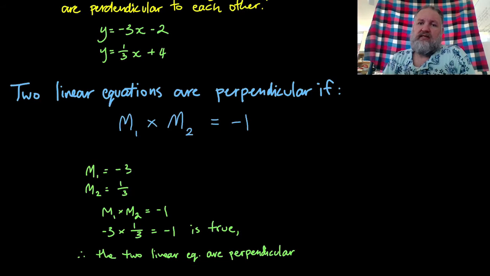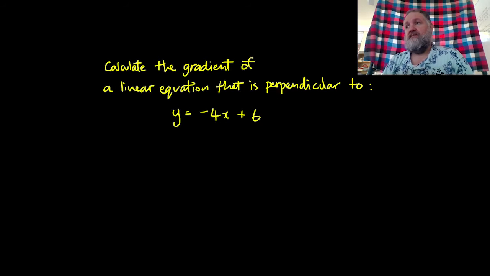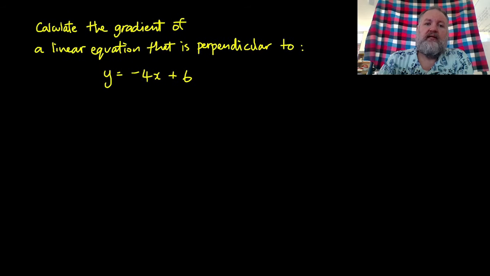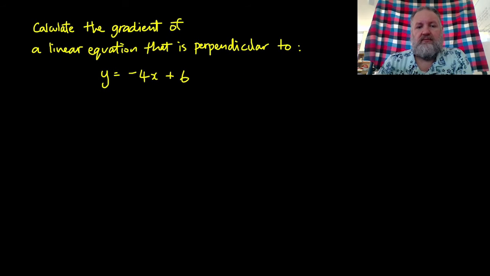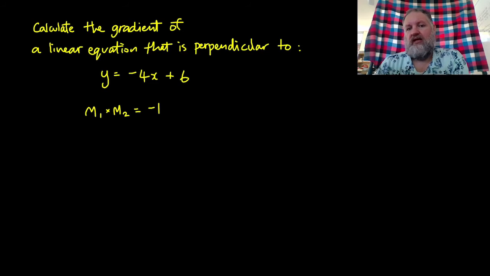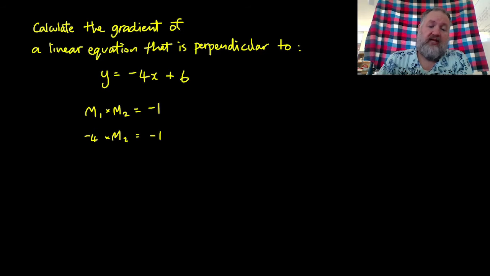We can use that in situations. Let's have a look at some of those. Our first one, we might get something like this: calculate the gradient of a linear equation that is perpendicular to y equals -4x plus 6. Well, this is pretty easy. We know our rule: the two gradients multiplied together equals -1. Here we don't have the second gradient, but we don't need it. After I substitute in, my first gradient is -4.